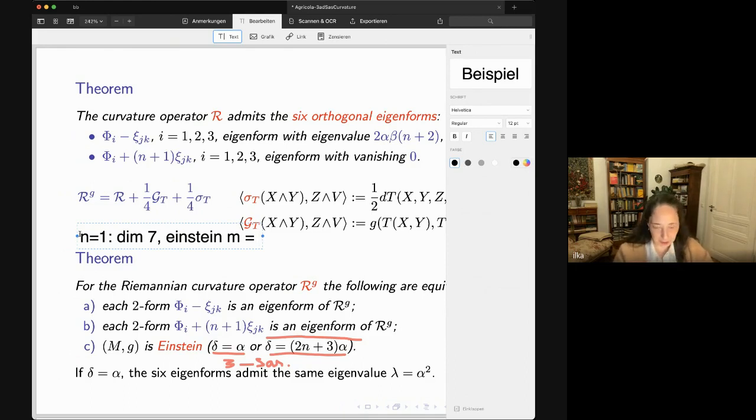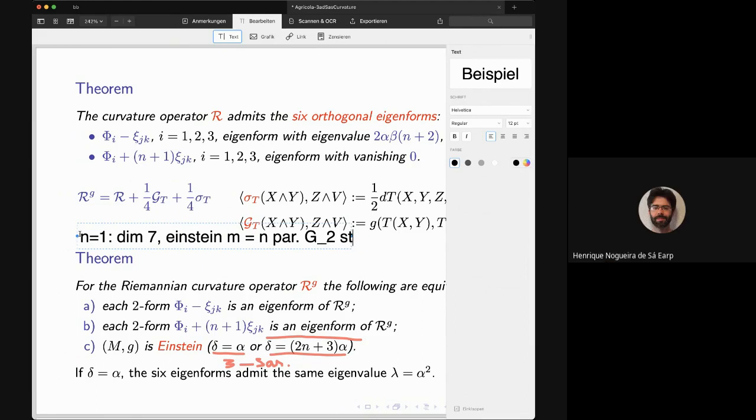It is an Einstein metric which comes from a nearly parallel G2 structure.